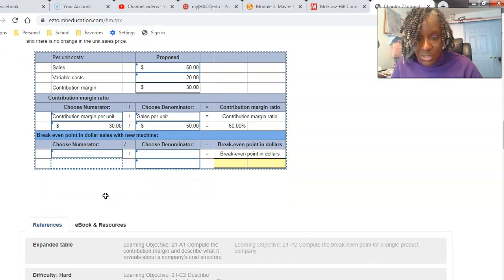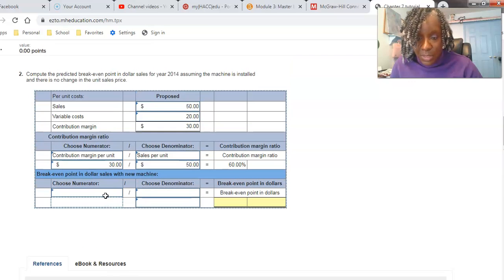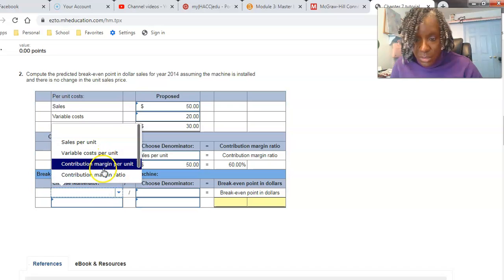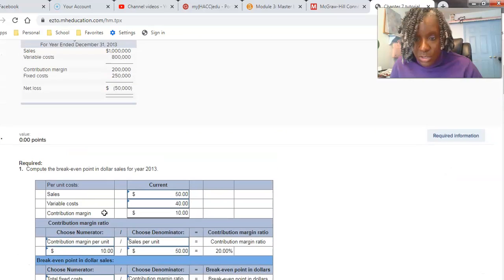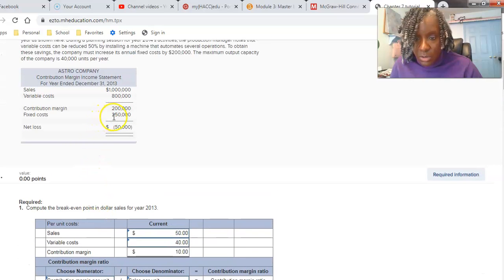Now we are in a position to see what the break-even in dollars is, assuming our proposal. The denominator, as we had before, is going to be our total fixed costs. If we look at our instructions, the total fixed costs are going to be 250,000 plus the 200,000. So that's 450,000. Remember, the company must increase its fixed cost by 200,000.